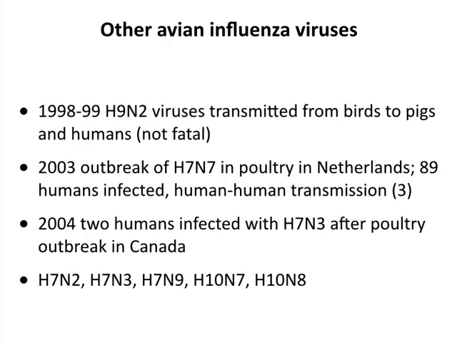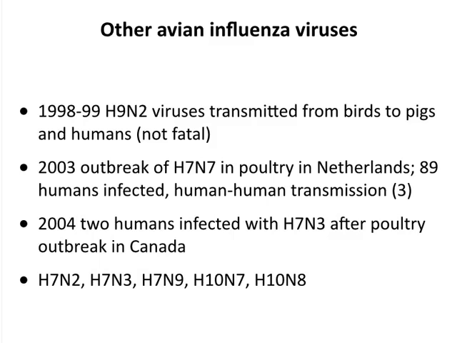There are other avian influenza viruses out there. I told you at the onset, every flu virus we know is in birds. In 1998, H5N1 viruses were transmitted from birds to pigs and humans. These were not fatal human infections, though. 2003, an outbreak of H7N7 in birds in the Netherlands.